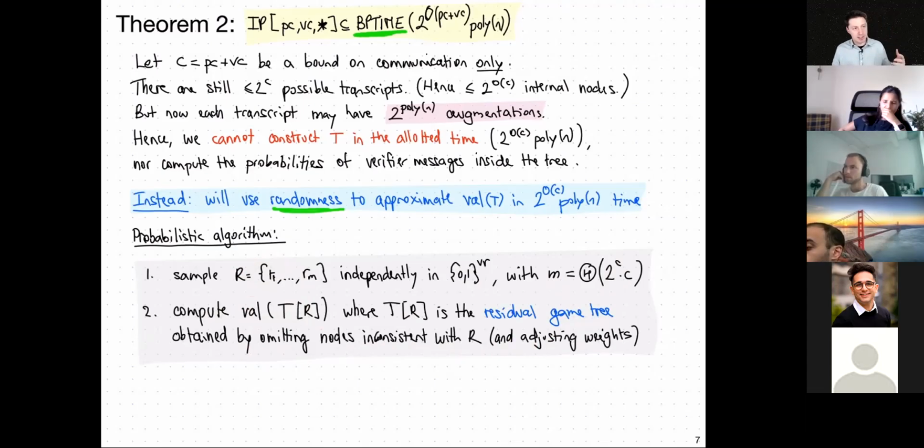We're saying the verifier is playing the game, but it is not sampling randomness from the whole set, but from some restricted set whose size we control, roughly exponential in the transcript itself. So we're computing exactly the value of a related tree that is sampled from the original game tree.